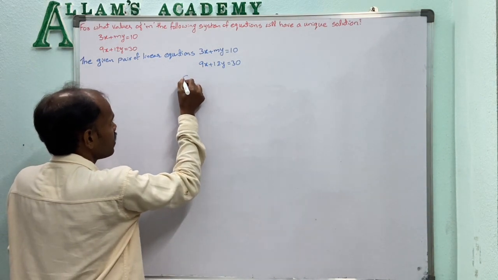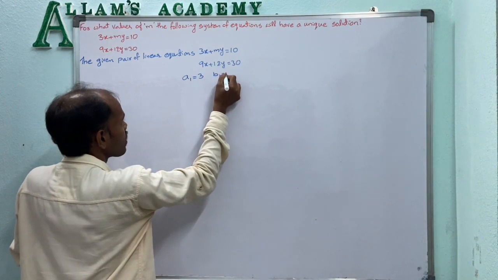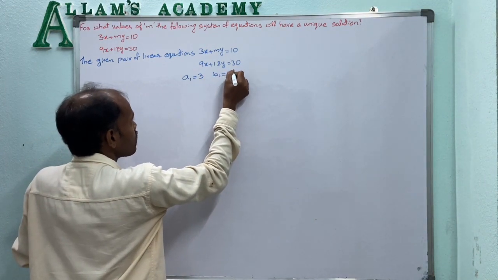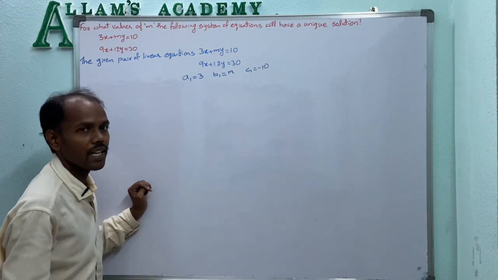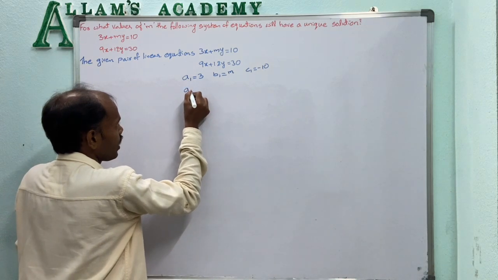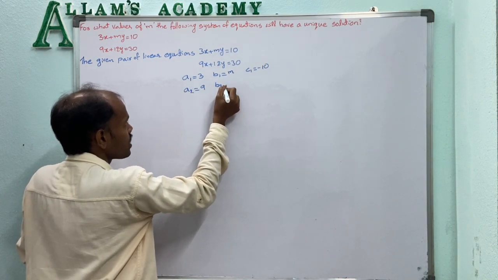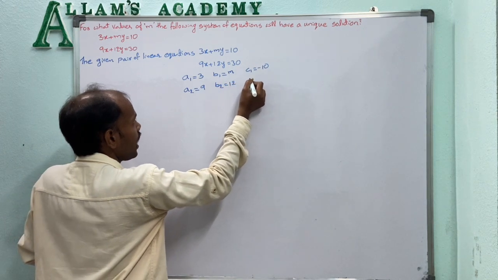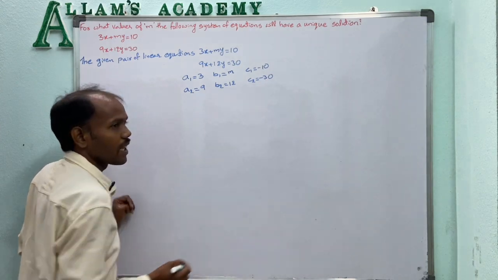For the first equation, a1 equal to 3, b1 equal to m, and the constant term c1 equal to minus 10. For the second equation, a2 equal to 9, b2 equal to 12, and c2 equal to minus 30.